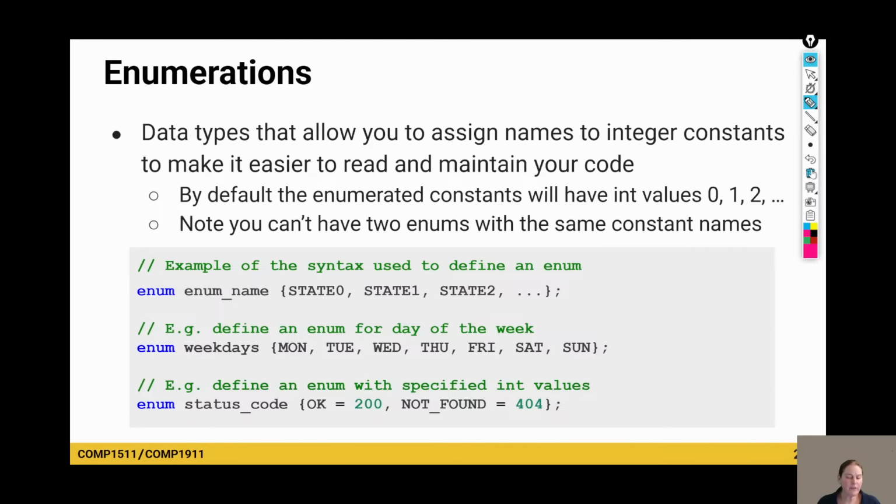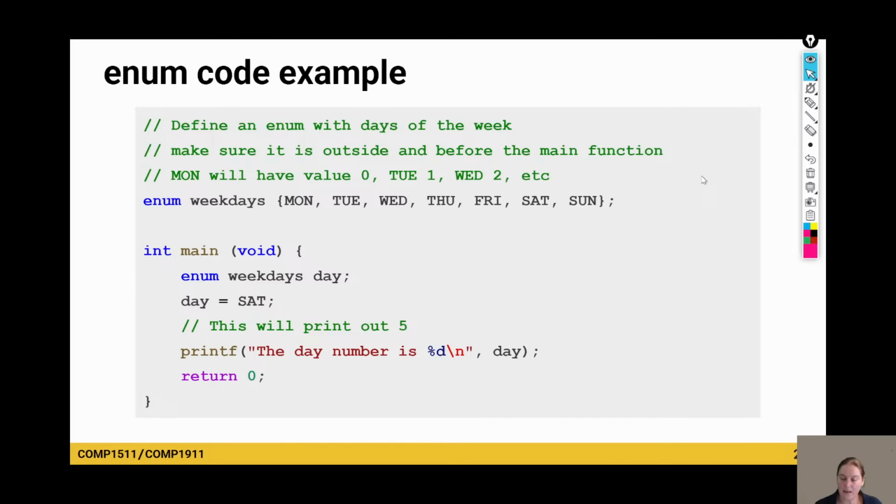Now, this is very different to structs, because structs can store a collection of different things. I'm declaring a variable called day. It's of type enum weekdays. This variable can only store one thing.